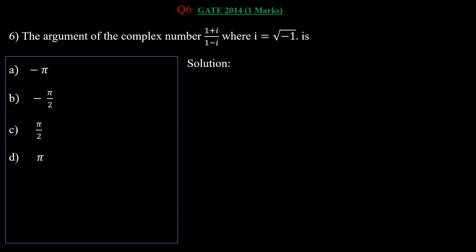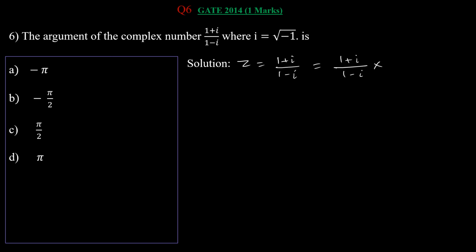Okay, so the next question that we see on the screen: the argument of the complex number 1 plus i upon 1 minus i, where i is square root of minus 1. So first we simplify this complex number. We are given z equals 1 plus i upon 1 minus i.